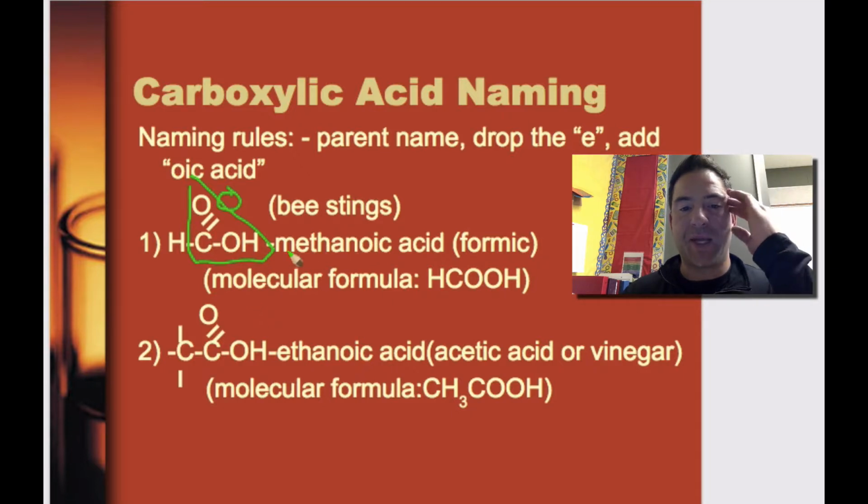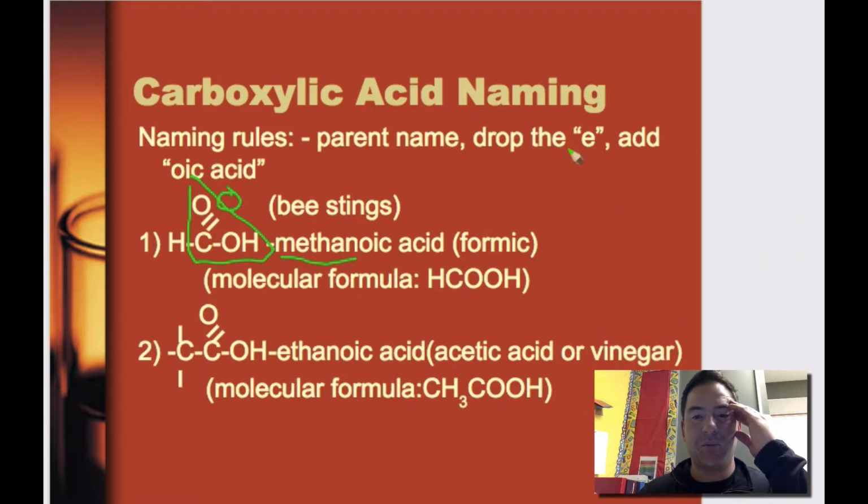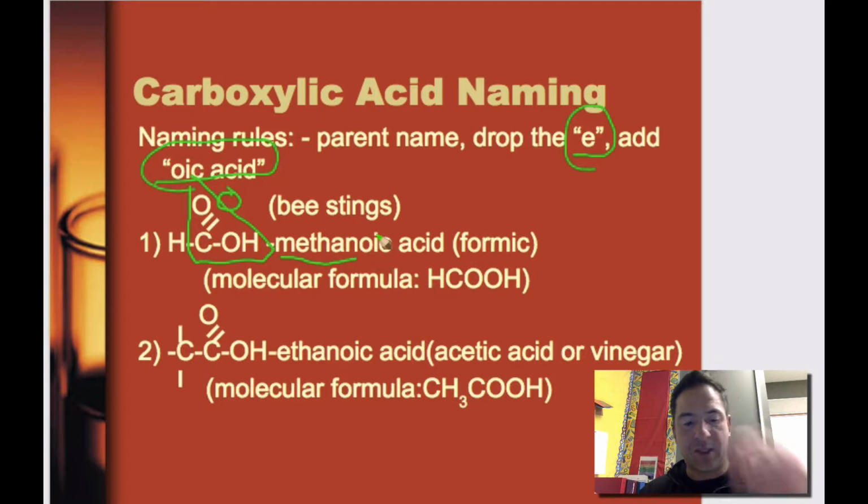That's how we know that's a carboxylic acid. Now, how do we name it? There's one carbon, so we go methane. We drop the E, and we add oic acid. And so that's what we've done here. Drop the E, and now you can actually see this oic here and acid written, okay, and then the common name formic acid.